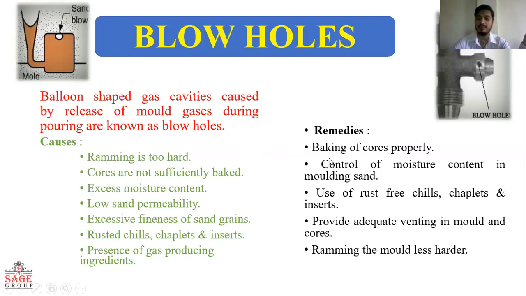So what are the remedies? Baking of cores properly, control of moisture content in the molding sand, use of rust free chills, chaplets and inserts, provide adequate venting in the mold and core, ramming the mold less hard. So these are the remedies that can avoid blowholes, right?